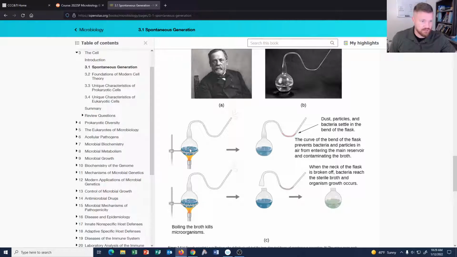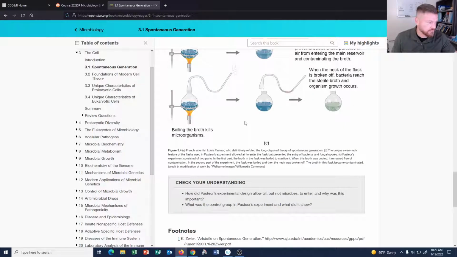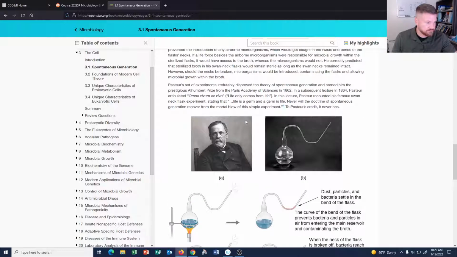That was Pasteur's experiments. He did a number of things that contributed to microbiology, but this was certainly one of the nails in the coffin for spontaneous generation.